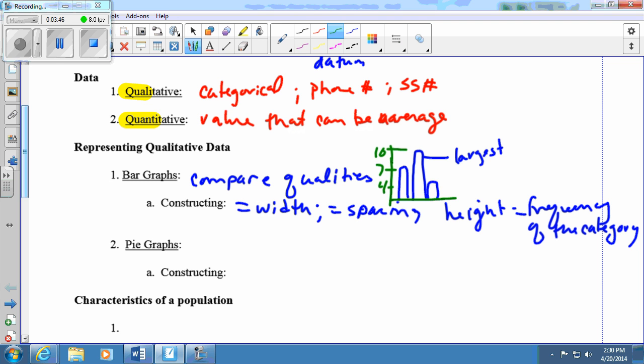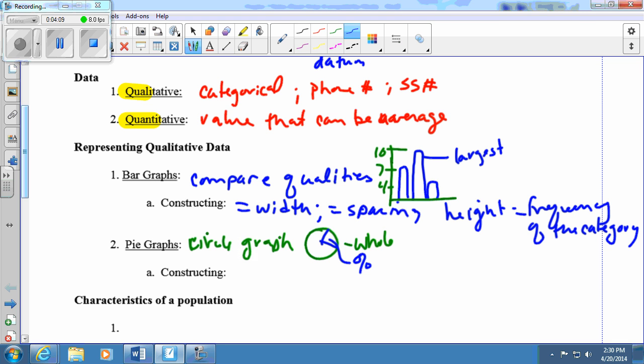In a pie, what this looks like, it's sometimes called a circle graph. They call it a pie chart. It looks like a circle, and it's broken into percentages. So this is the whole, and then each piece of pie that you're going to construct is based on a percentage, not the number, but the percent.